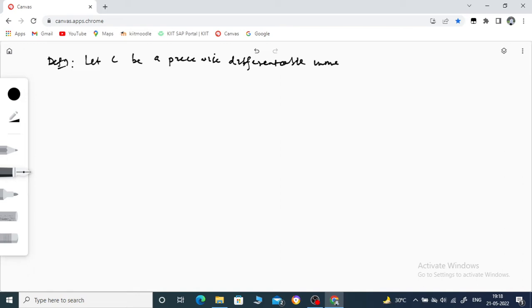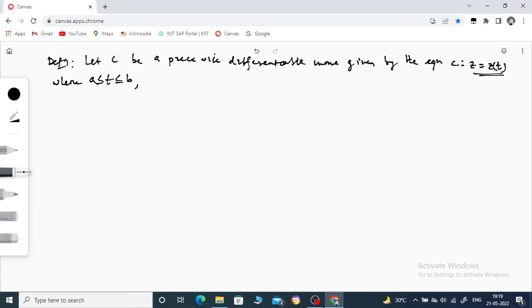Let C be a piecewise differentiable curve given by the equation C equal to, or z is equal to z of t. See, the equation of the curve is given by z equal to z of t. That means z is a function of t, where t lies between a and b, or t varies from a to b.